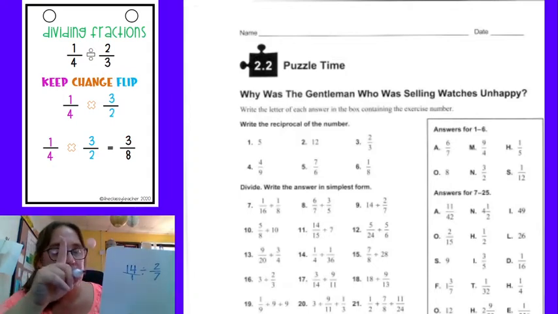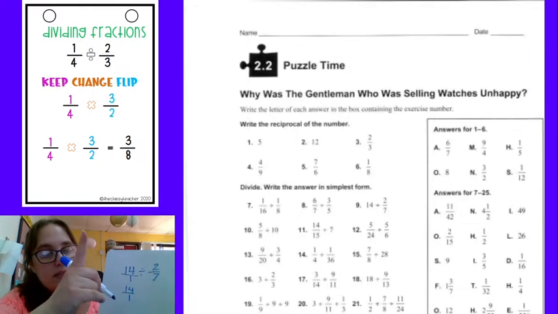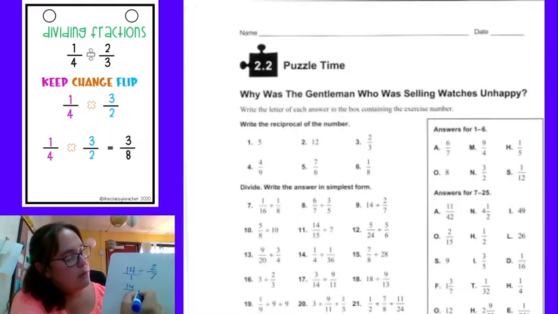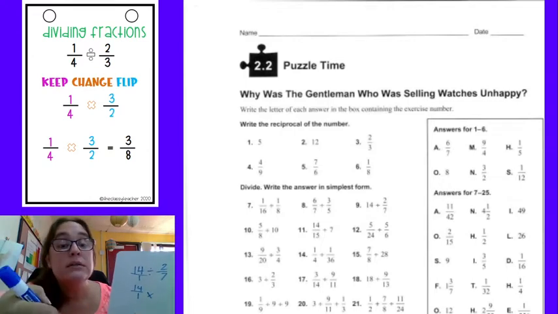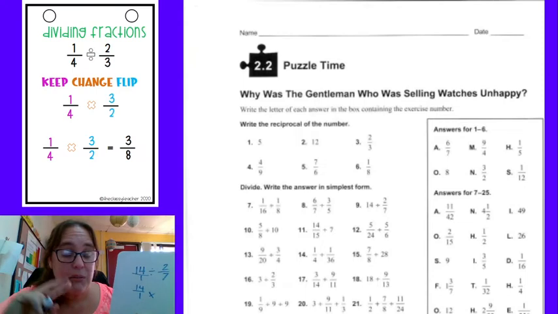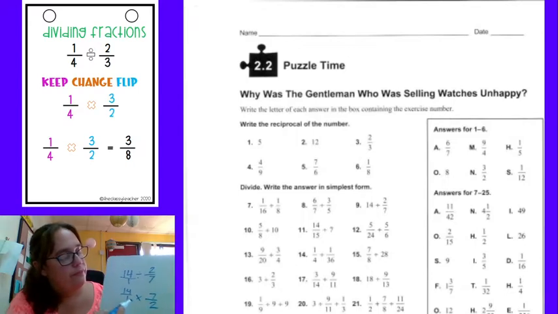Alright, so then we're going to keep. So rewrite. My rule says change. We're changing this into a multiplication because we're going to multiply it by the, you better be saying it because you need to hear it and say it. Multiply by the reciprocal. 7 over 2.